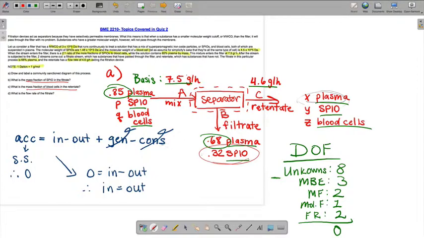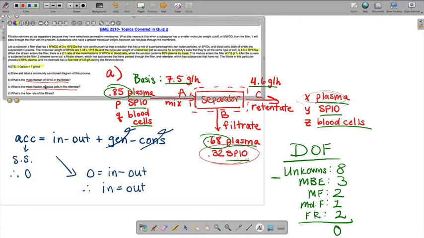So I didn't realize I accidentally wrote mass instead of mole. So let's actually alter this question a little bit and say, actually let's just do mass.